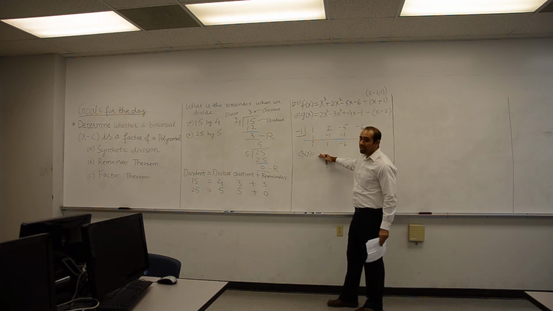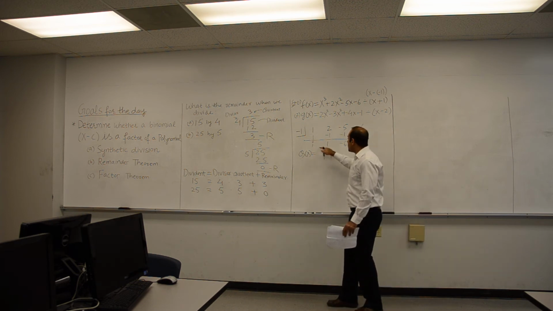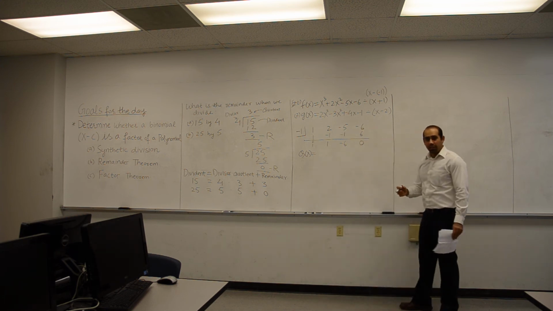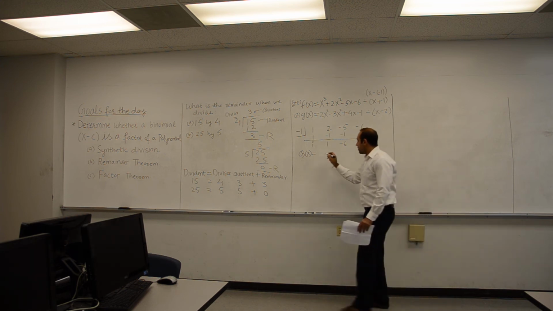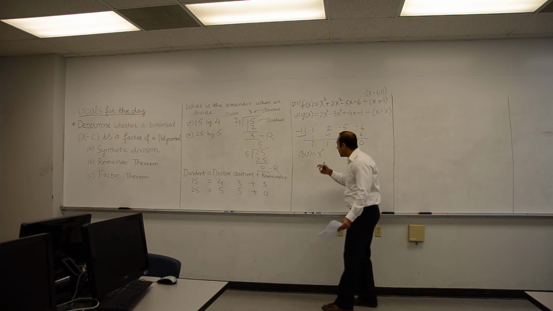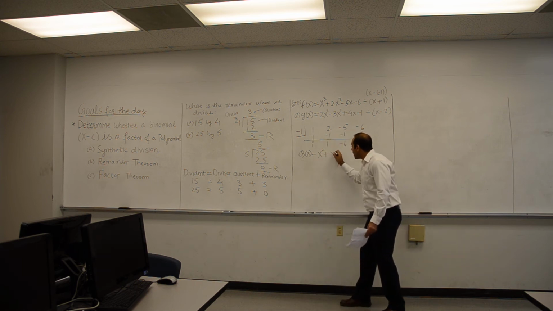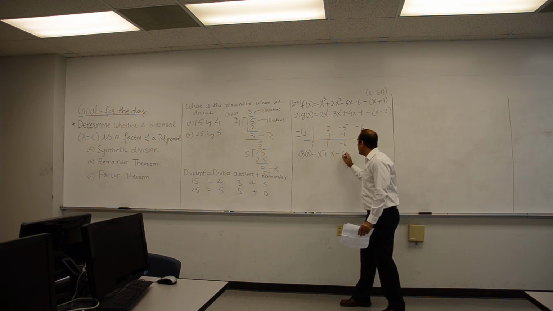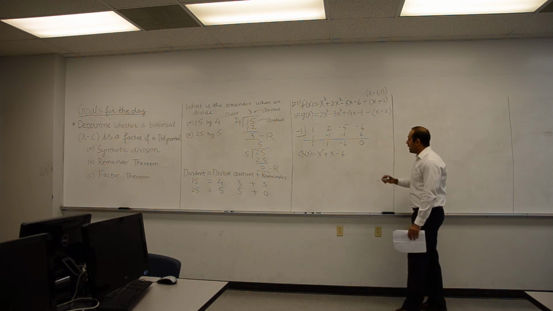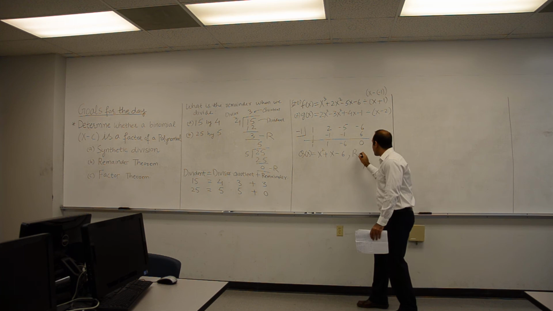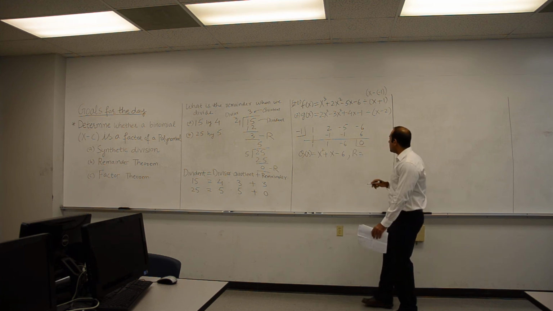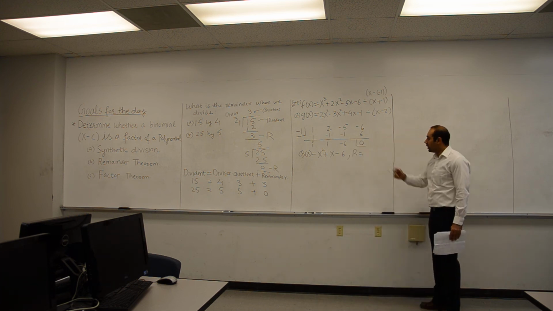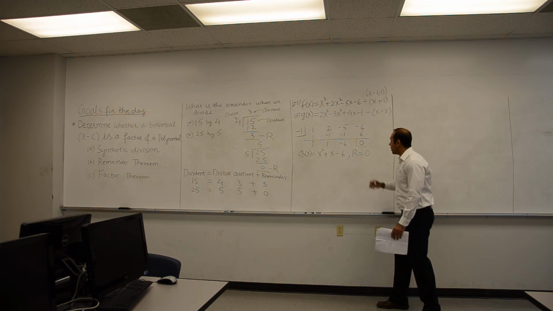These three numbers are its coefficients: x squared plus x minus 6. The remainder is always the last number of the final row, and here it is 0.